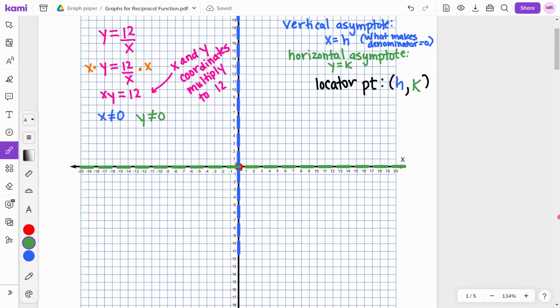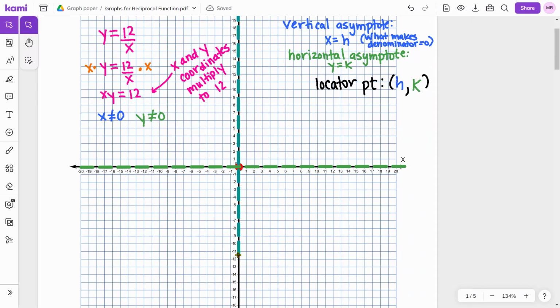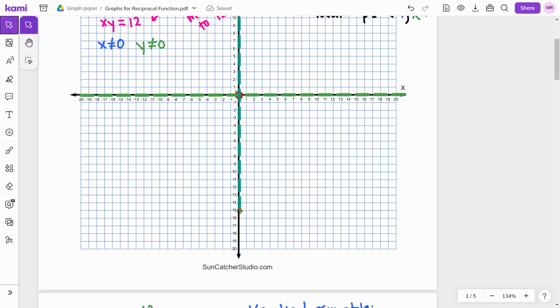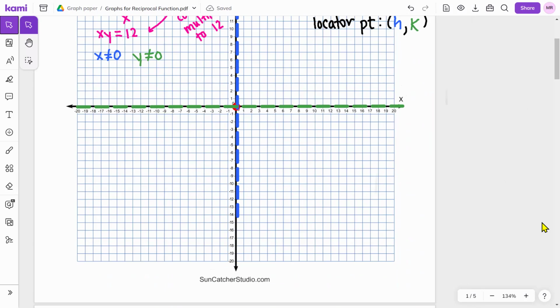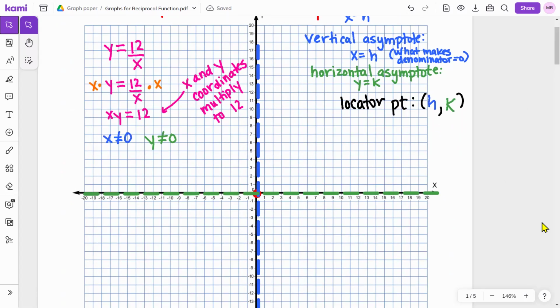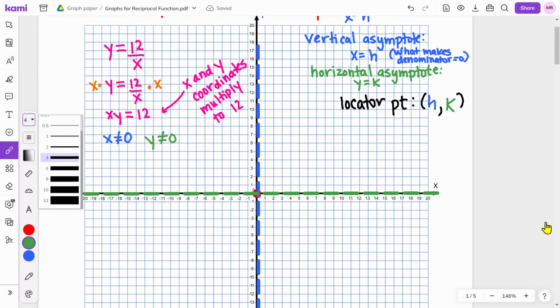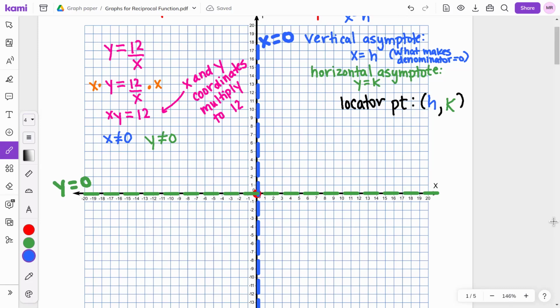So let me maybe extend this one here. So this line here, my horizontal one, is going to be y equals 0. My vertical one is going to be x equals 0. And you'll see that that's where they intersect, at that locator point 0, 0.